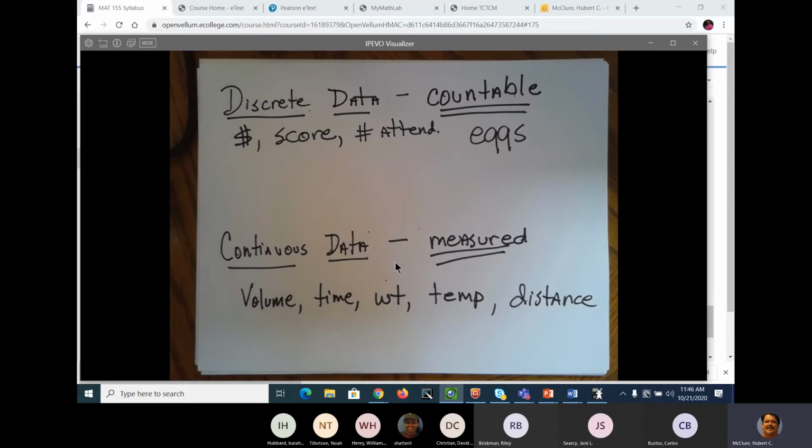What if I ask you to go out and measure the height of a fire hydrant? Well, some of y'all can't read a yardstick. Some of y'all can't read a measuring tape. So 2 or 3 of y'all are just going to say 2 or 3 foot. And then 2 or 3 of y'all are going to measure exactly to the nth degree.